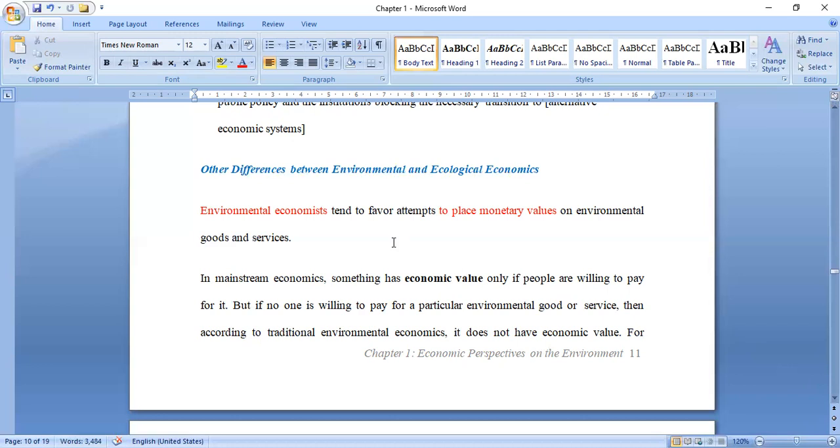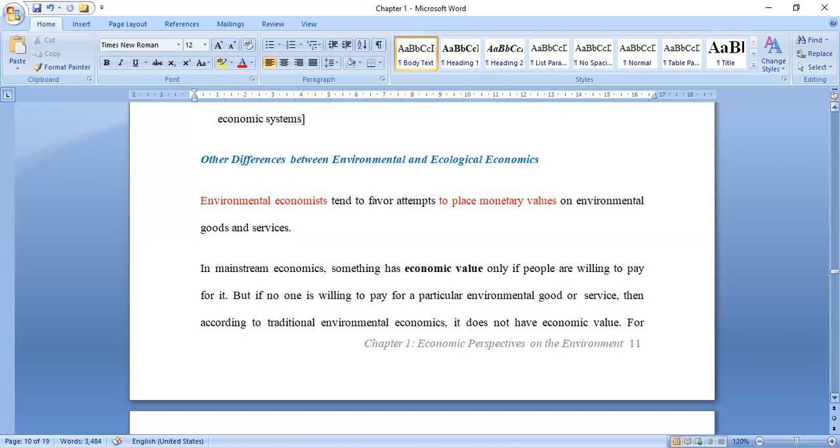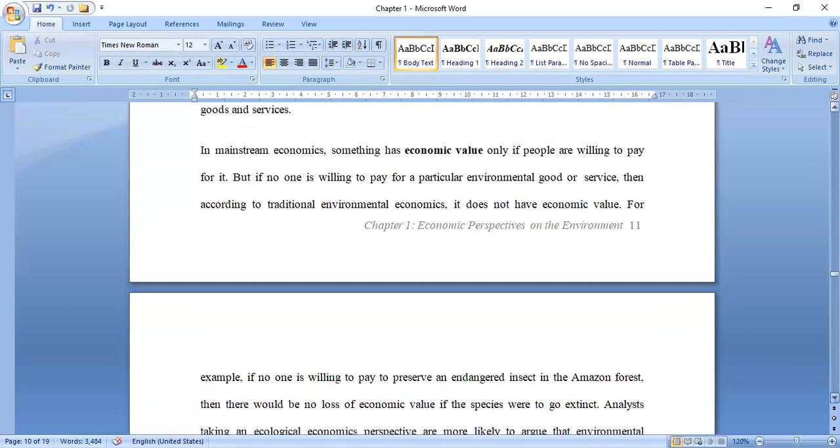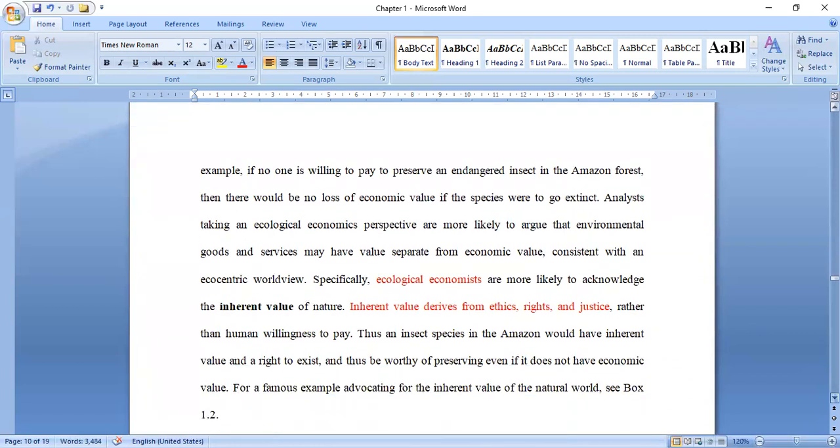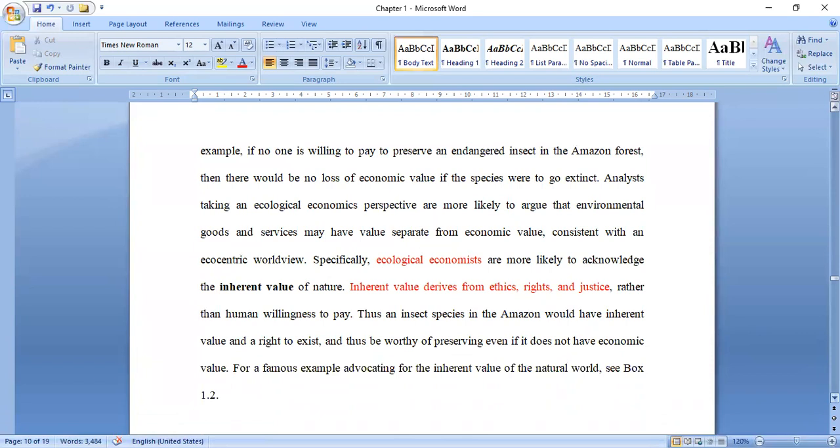And according to economics, a good or service will have value as long as people are willing to pay for that good or service, right?